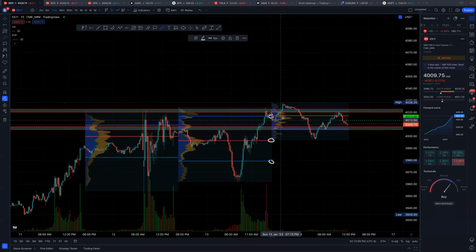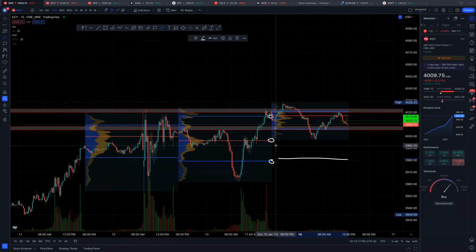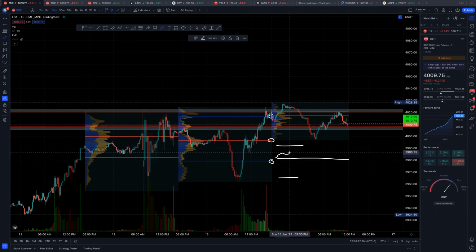Or let's say this doesn't happen, but it happens over here. Let's say the point of control opens up right here. We have the high value area here and the low value area over here. We have price open right here. We see it do this.